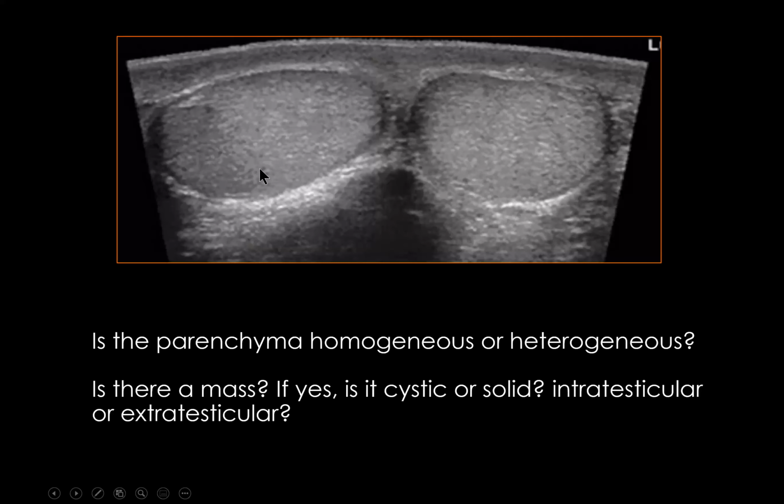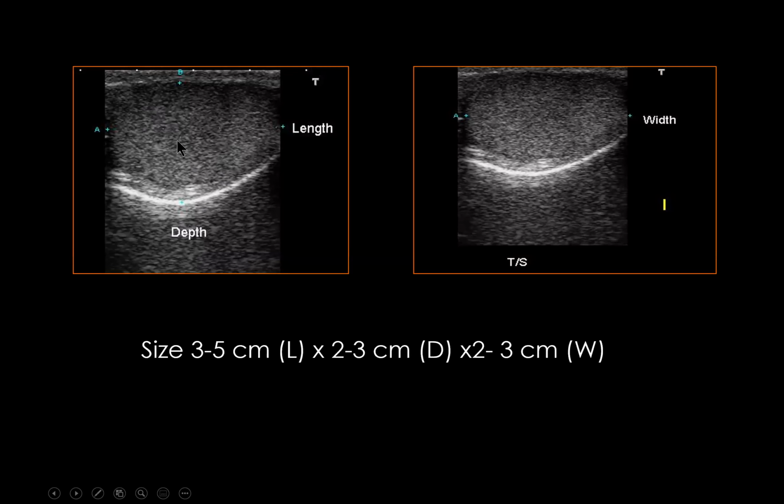This is the sagittal view of the testis, showing medial and lateral portions. Two measurements are obtained in this view, longitudinal and depth. Then the transverse view, to show superior, mid, and inferior portions of the testes.